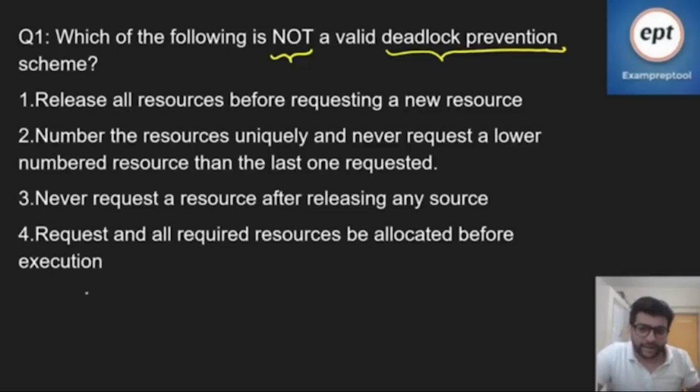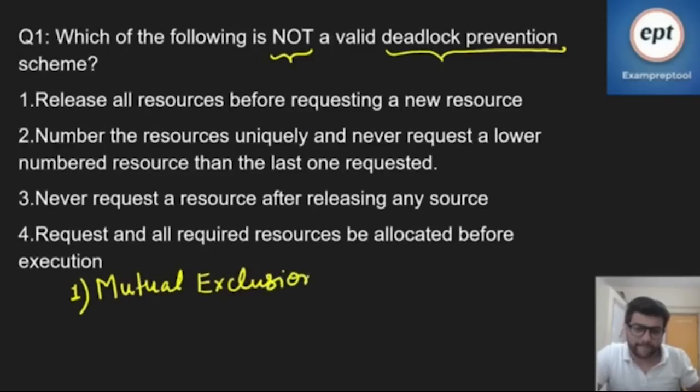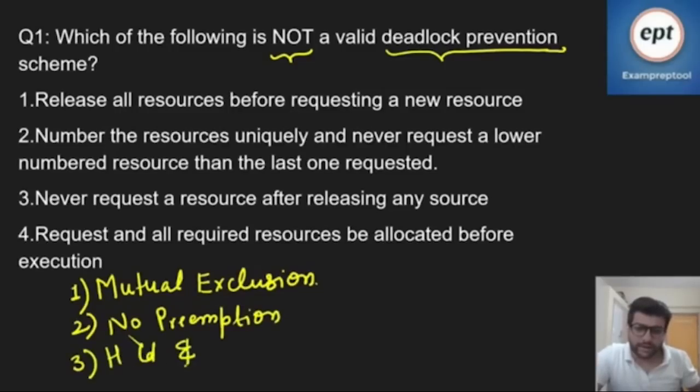So we know that there are four conditions which are necessary for deadlock to occur. What are those? First is mutual exclusion. The second is no preemption. The third one is hold and wait.